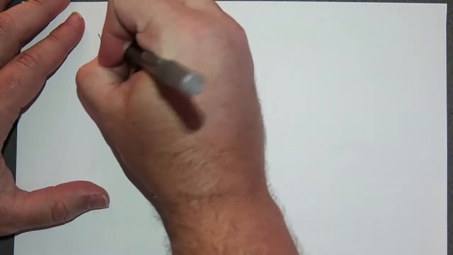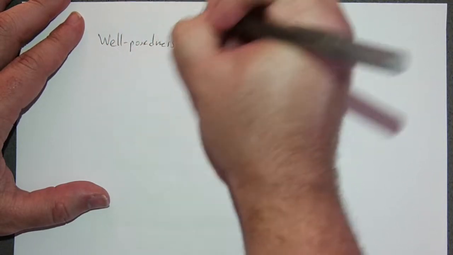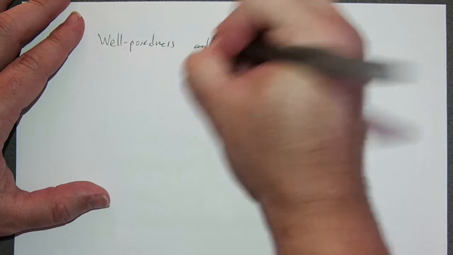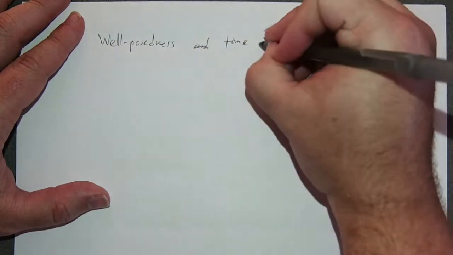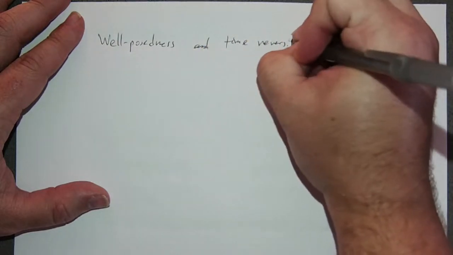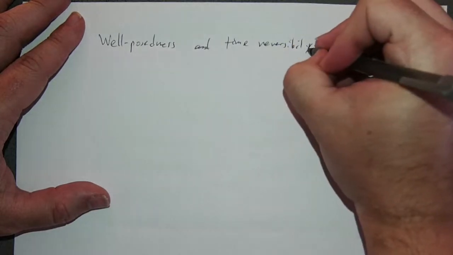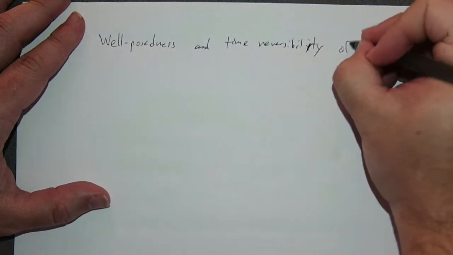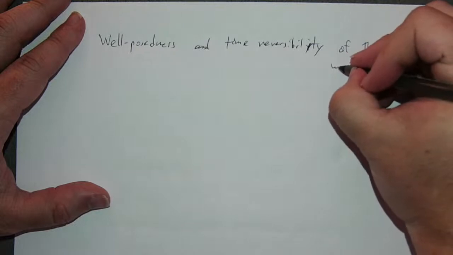Now, one more statement I wanted to make about the niceness of the wave equation. So let's return to a question of well-posedness and what's called time reversibility of the wave equation.